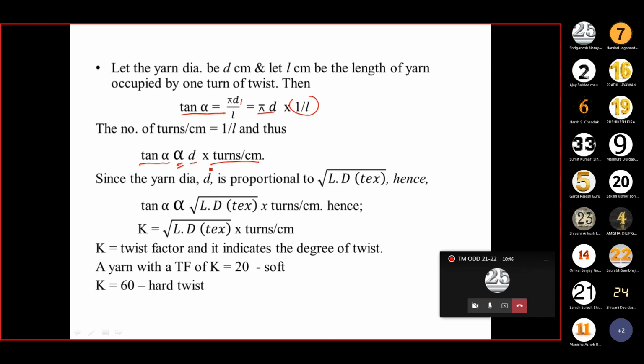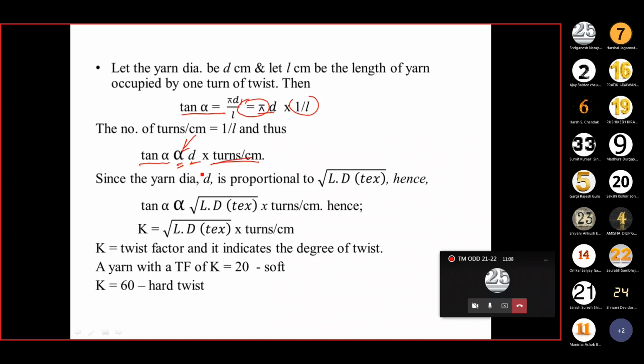We have removed the equality sign along with the constant, so in mathematics we take the directly proportional sign, right? So tan alpha is directly proportional to diameter into turns per centimeter.